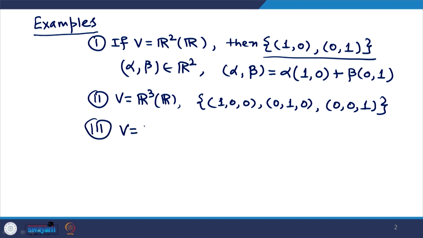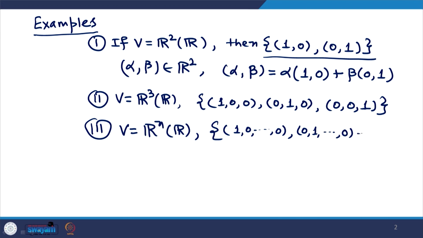If you take V equals Rn, then one of the possible bases is (1,0,...,0), (0,1,...,0), ..., (0,0,...,1). All these are n-tuple vectors having one of the elements as 1 and the rest of the elements 0. All these are called the standard basis for R2, R3 and Rn respectively.